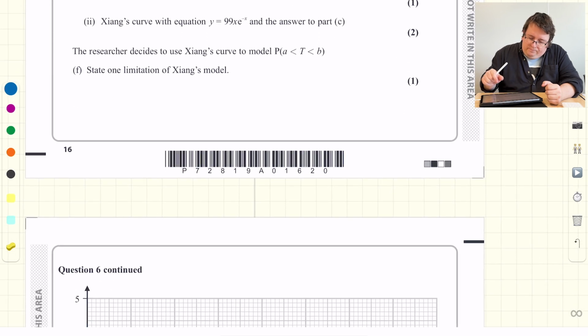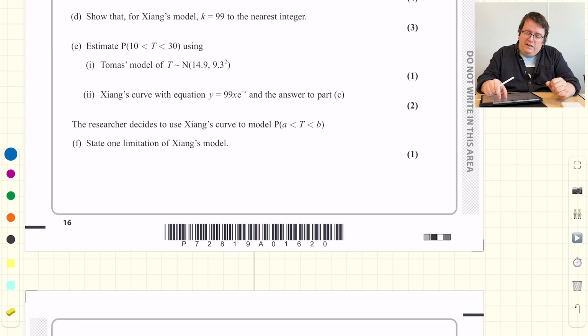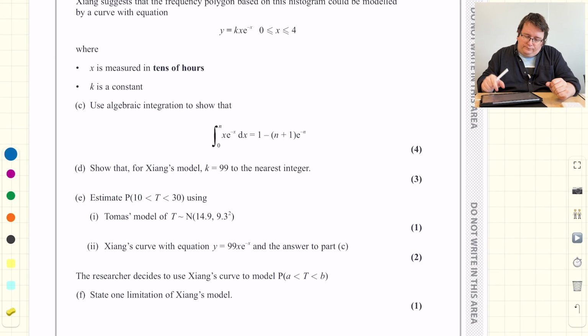Okay. Show that for Chiang's model, k equals 99 to the nearest integer. Okay.